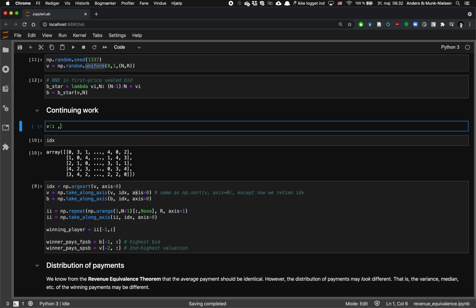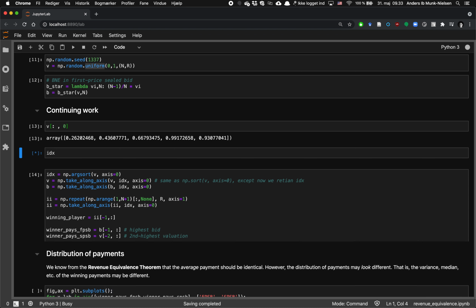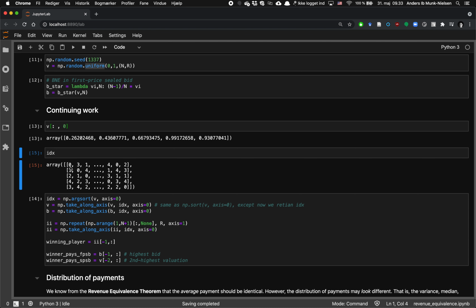V, let's look at the first sample that we have. What it's telling us is the 0th is actually the smallest one, and then 1 and 2, and then it says 4 and 3. Oh, that makes sense because the last element is actually smaller than the second to last. So this is telling us how to sort that array.